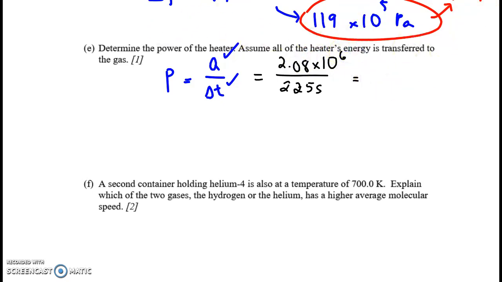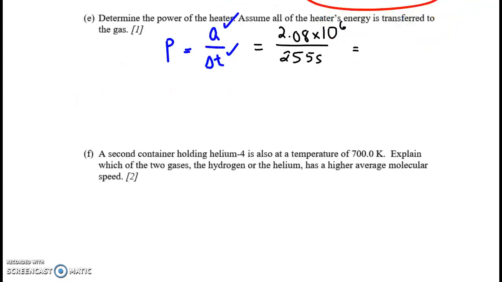And what do we get for power? Well, when I fix this, so that I actually have the correct number, so that this is the 5, the correct power we acquire is 8.145 watts, which we could round to 8.15 kilowatts.